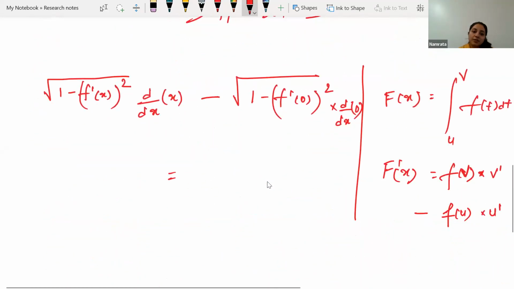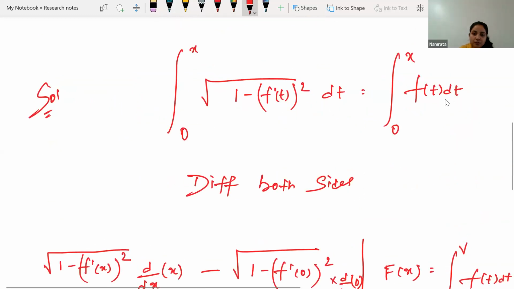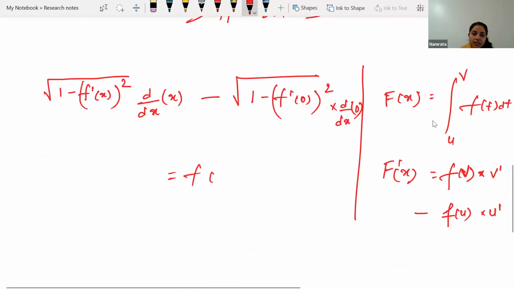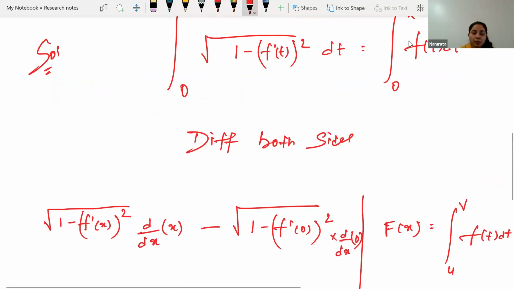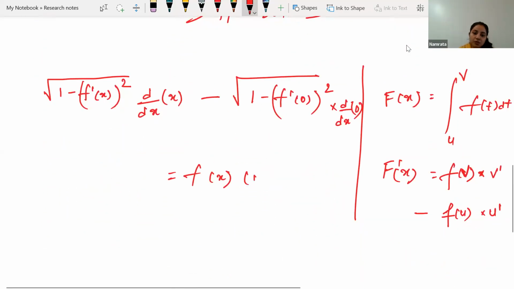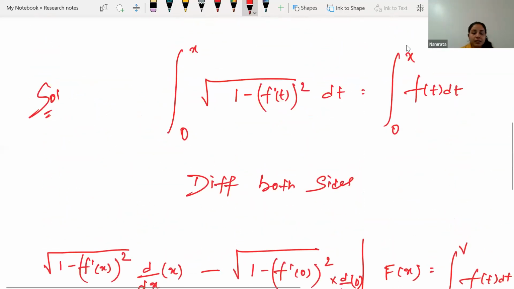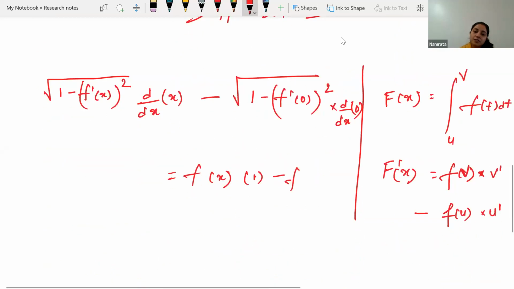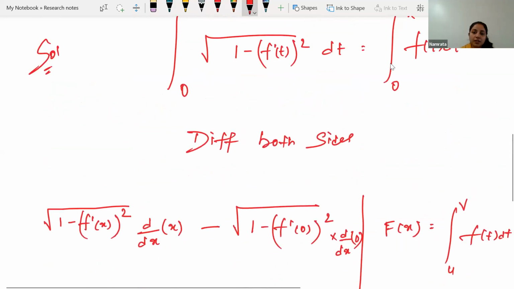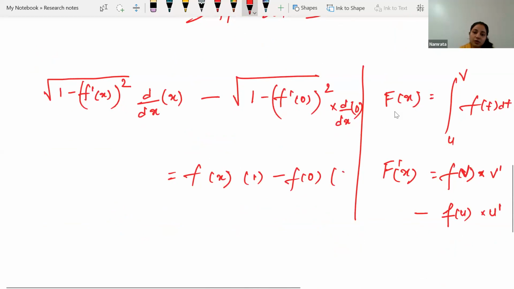On the right hand side we repeat the same thing: only f of x, because we just need to put the upper limit in the given integrand, times the derivative of the upper limit, which is 1, minus f of 0 times the derivative of 0, which is 0 only.